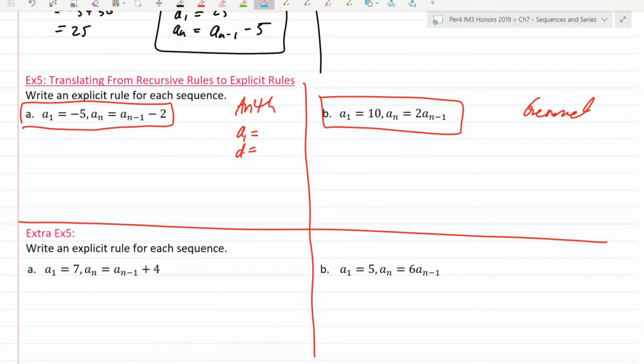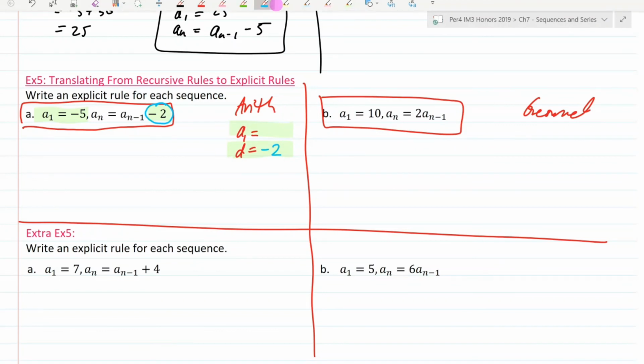Okay, so d is equal to that number, the number that they either add or subtract to the previous term. So this is d, and then the first term is obviously given.